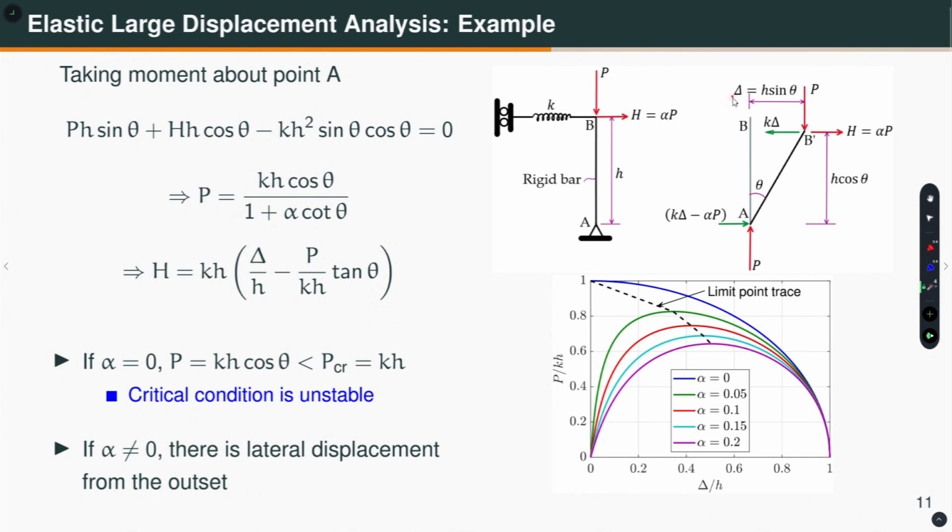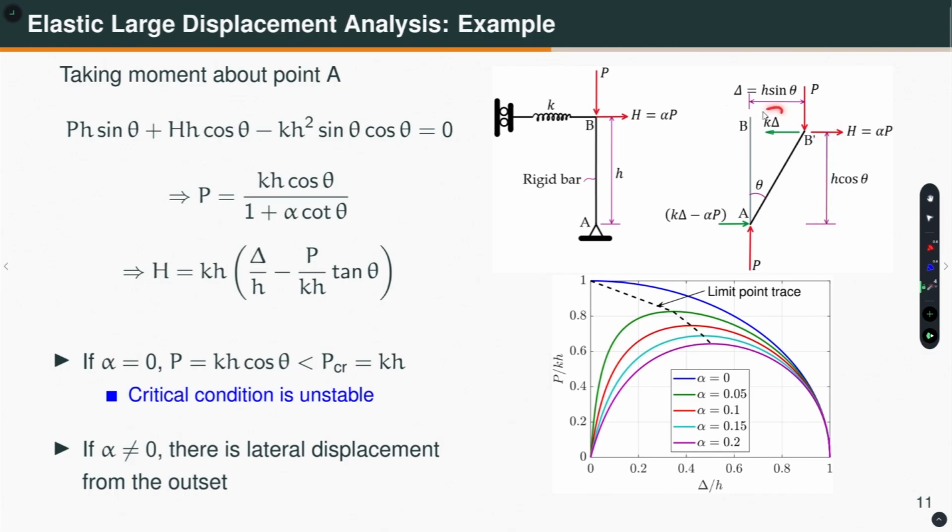But now, since this delta is finite and not vanishingly small for compatibility, what I will do? I will write delta is equal to h into sin theta. So, this is my h, because it is a rigid rod, the length was h. After I have rotated, the length remains the same h. So, this component is h into sin theta, whereas this component is h into cos theta.